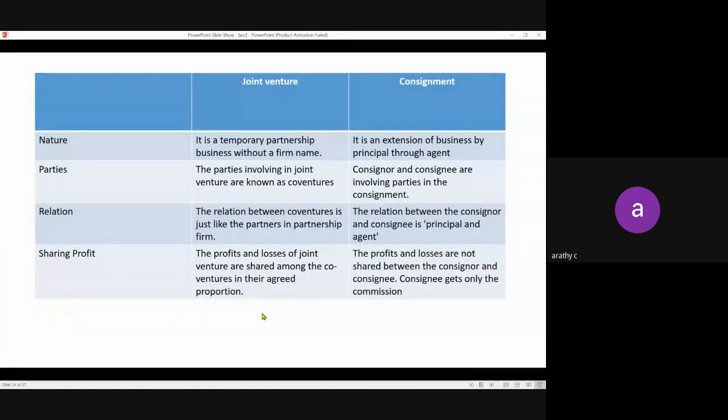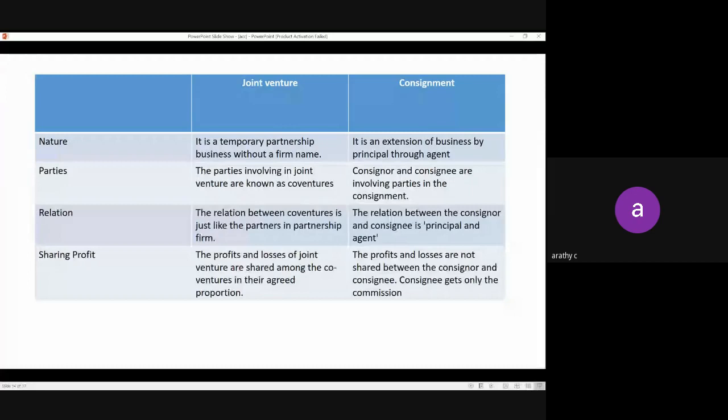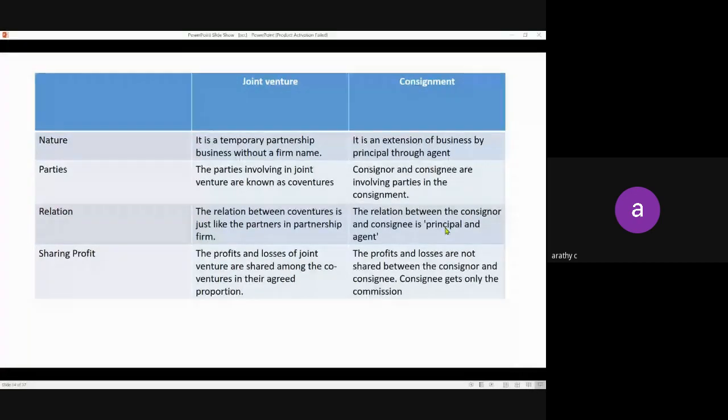Next is the difference between joint venture and consignment. The first one is the nature. A joint venture is a temporary partnership business without a firm name. In the case of consignment, it is an extension of business by the principal through an agent. So the relation in consignment is the principal and agent relationship between the consignor and consignee.